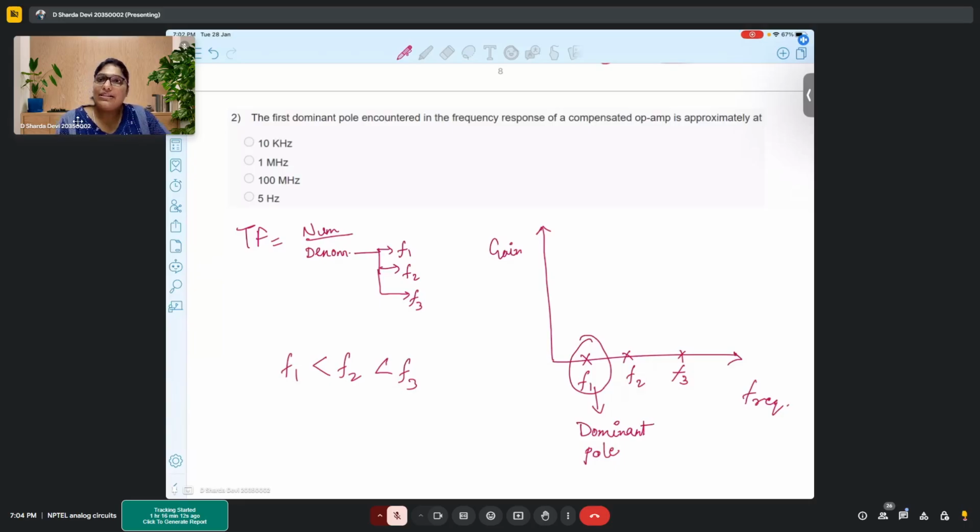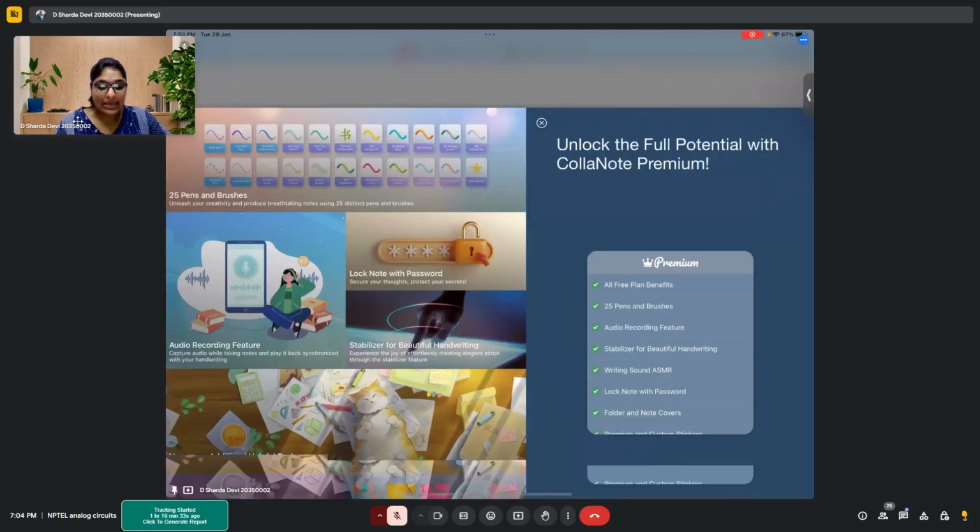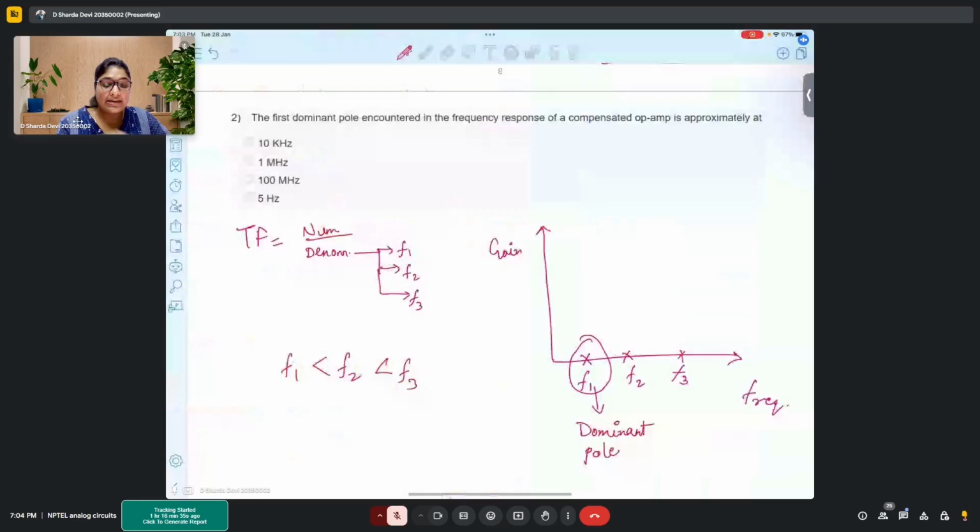Why we call this a dominant pole, we will understand later when we properly analyze a frequency response curve. But the basic idea is that these dominant poles play a huge role in defining your circuit behavior. So they are very important to analyze, and their values play a key role.